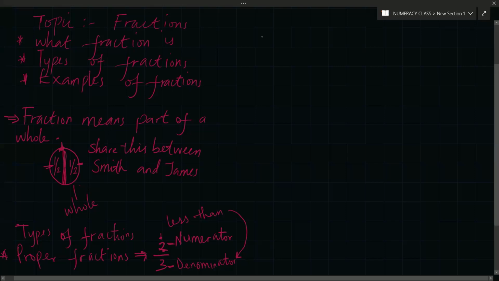Now let's look at another one known as improper fraction. When we talk of improper fraction, two things I want you to know about it. Number one, the numerator is always greater than the denominator.